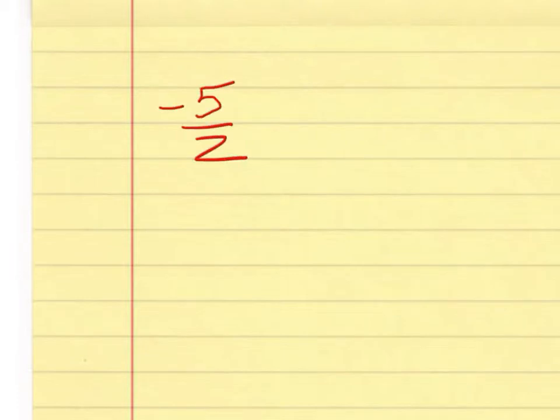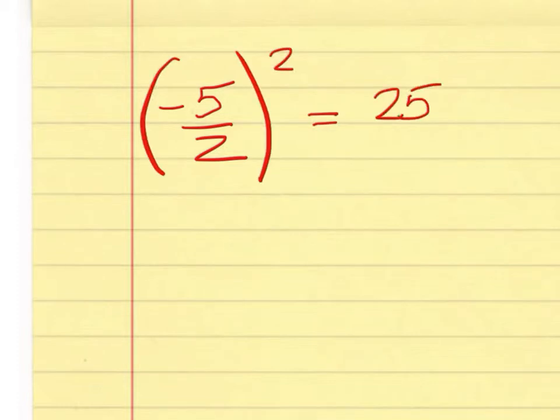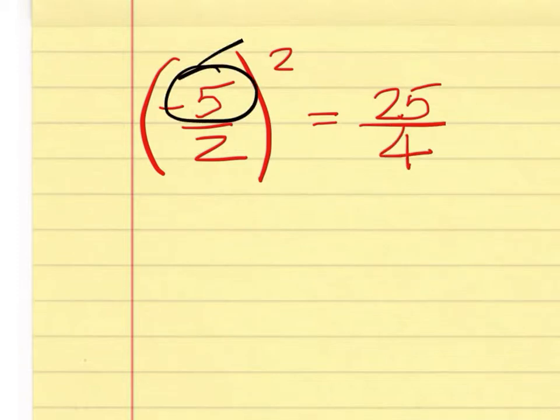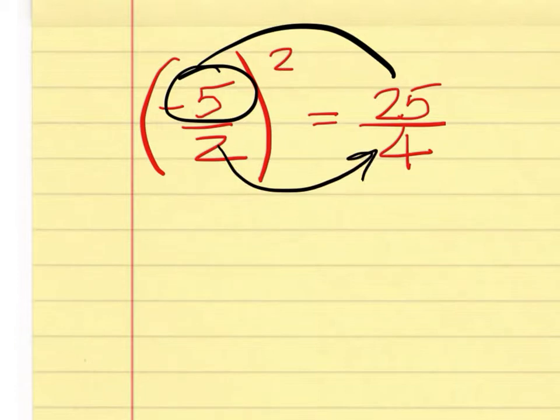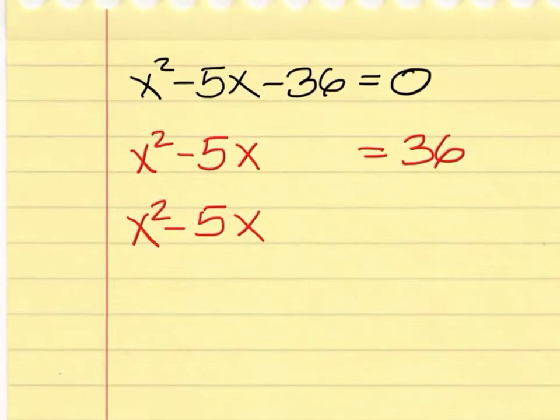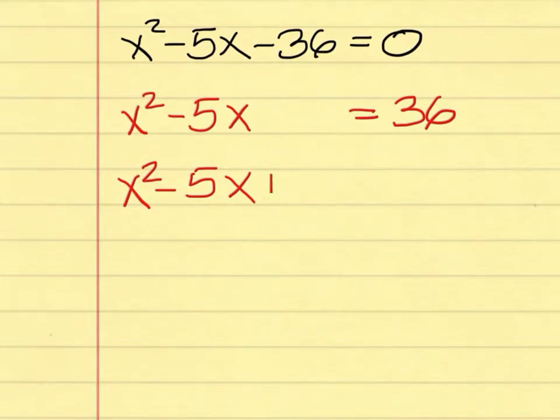Half of negative 5 is negative 5 over 2. If I square that, I end up with a positive 25 over 4. You square the 5 and the 2. Double negative is positive. And you would put that 25 over 4 in this spot here.